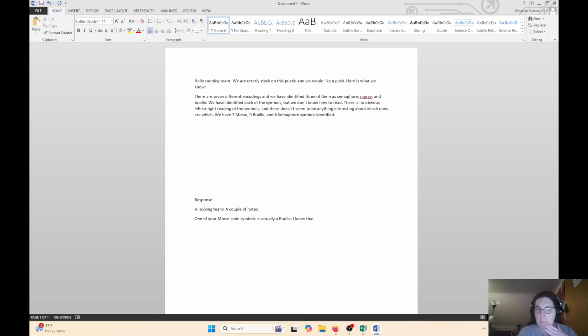I know that there's no difference between the two visually, but you'll see when it's time to read down that the Braille is actually a Braille symbol. The dot needs to be a Braille letter.